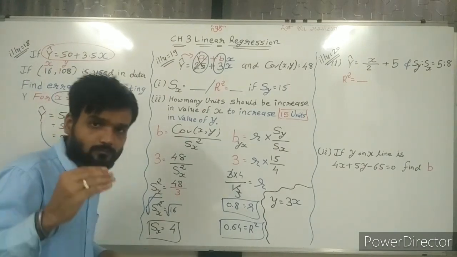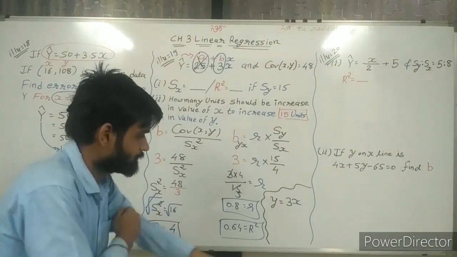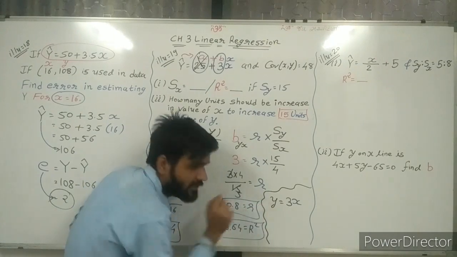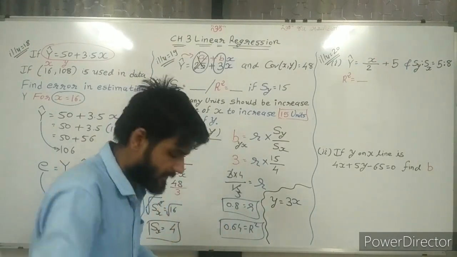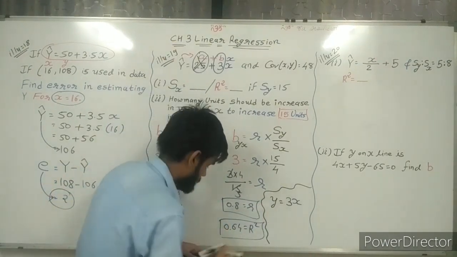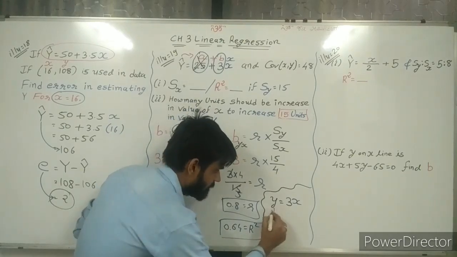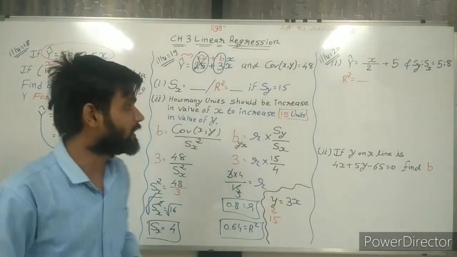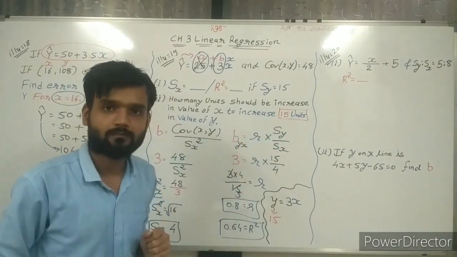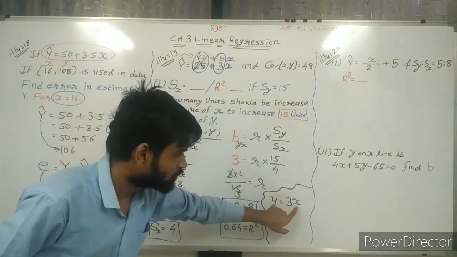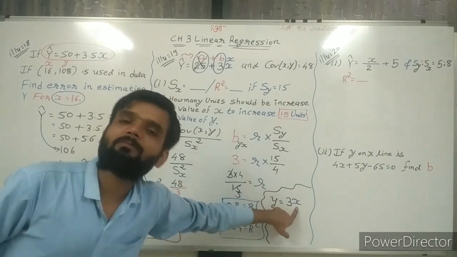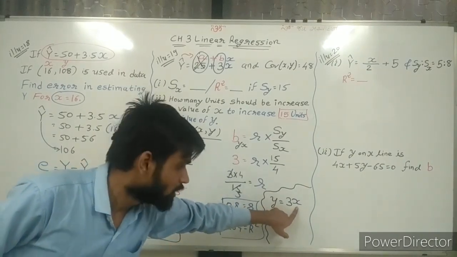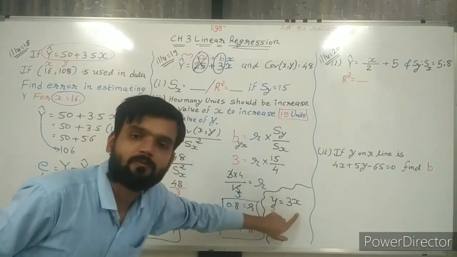So, try to understand. In Y, we need to increase 15 units. So for X, what am I writing, so that its multiplication becomes 15?